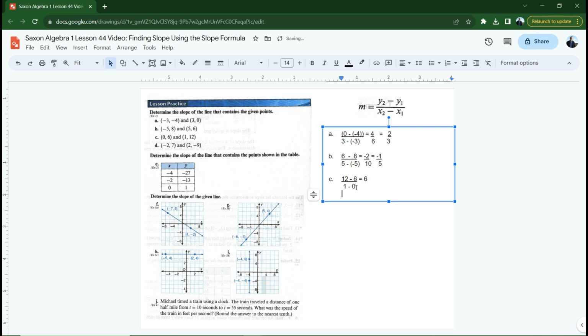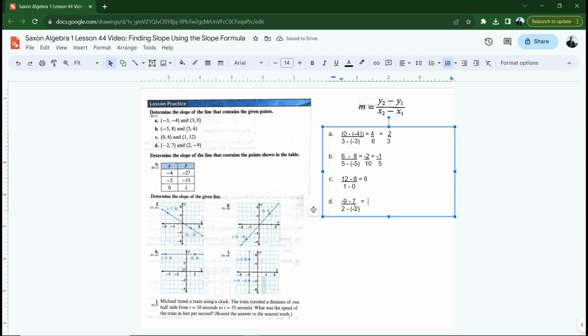All right, on to letter D. For letter D, negative 9 minus 7 divided by, and in the denominator, we're going to have 2, that's x2, minus a negative 2. All right, so once again, I really have to be good at keeping track of these negatives. That's why we've been working on this so much this year.